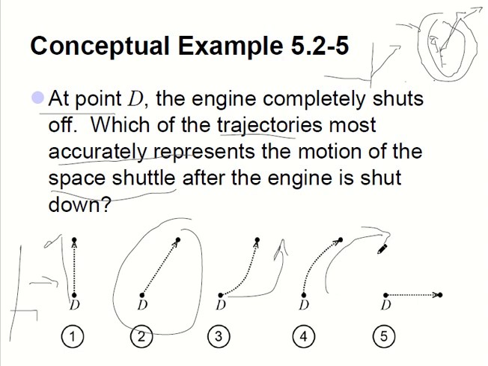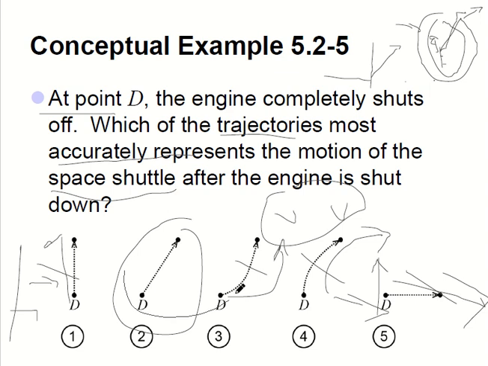And it won't go straight either, because you have your thrust at 90 degrees, and the engine will turn off at D, but up to D there was a force, which is your engine, going in that direction. So this cannot happen, because you have a constant velocity. It's got to keep the same trajectory.